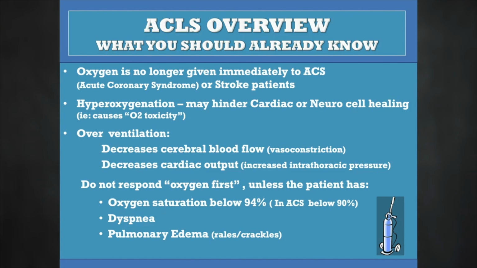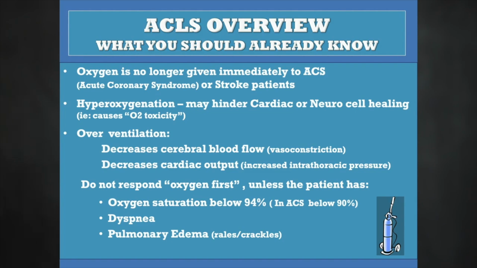Too much oxygen causes toxemia at the cellular level. Overventilation increases intrathoracic pressure, which decreases cardiac output. Hyperventilation causes cerebral vasoconstriction, which decreases blood flow to the brain. So when we're thinking about oxygen, give it judiciously and give it to the right patient.